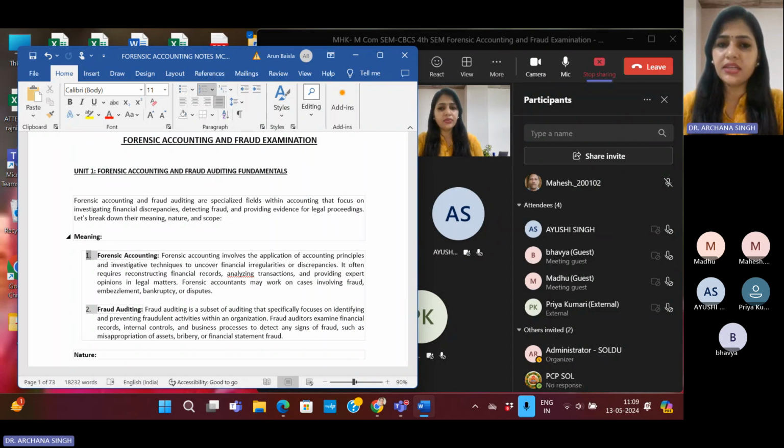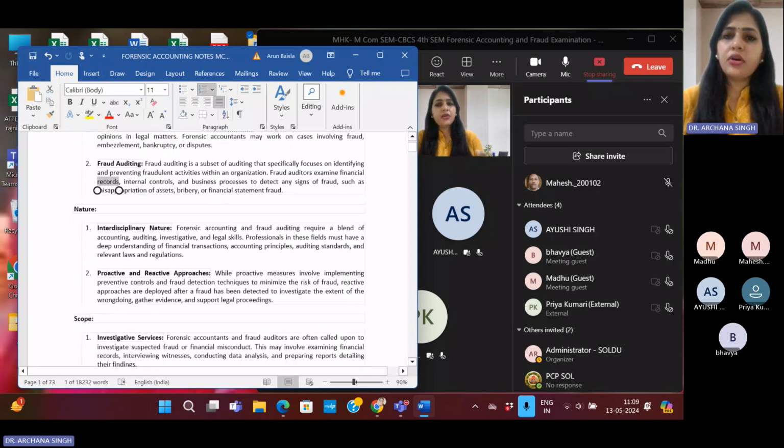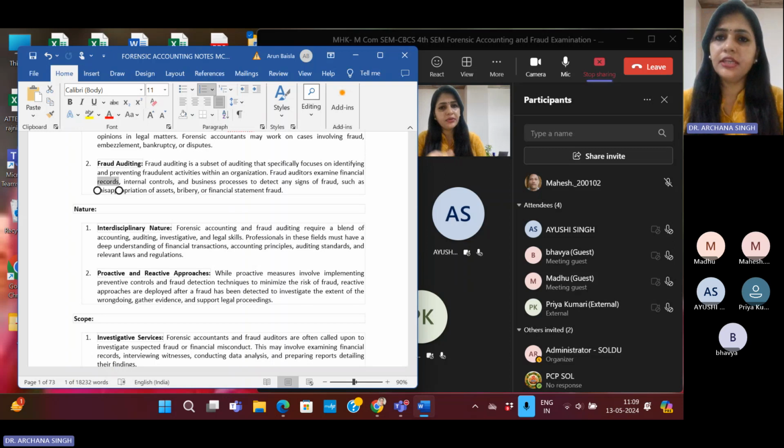Okay, so forensic accounting is the application of accounting principles and investigating techniques to uncover the real truth regarding financial irregularities and discrepancies. And what is fraud auditing? Fraud auditing is a subset of auditing, which especially focuses on identifying fraudulent activities within an organization.